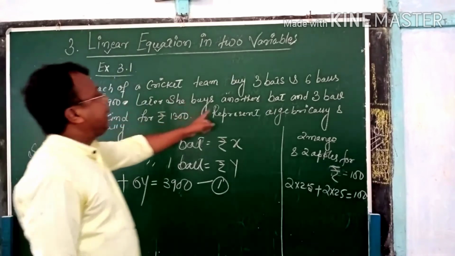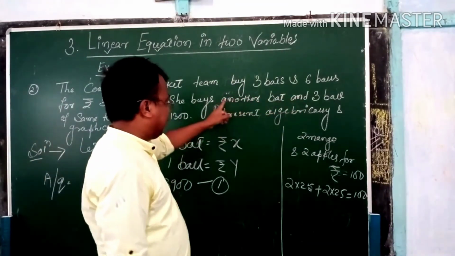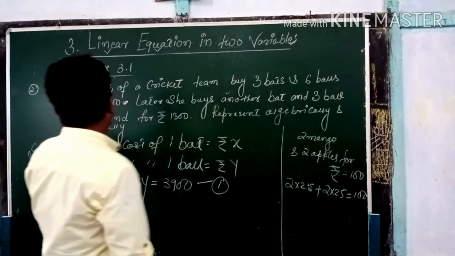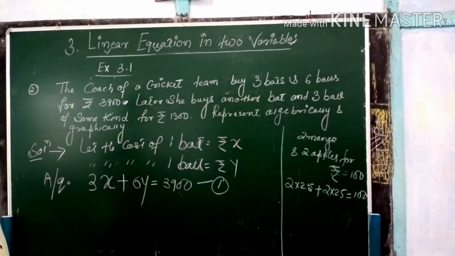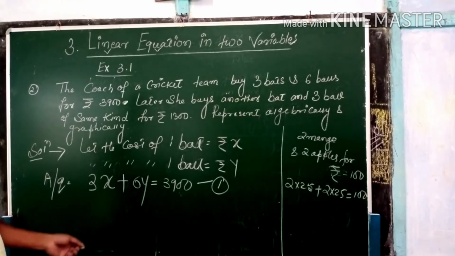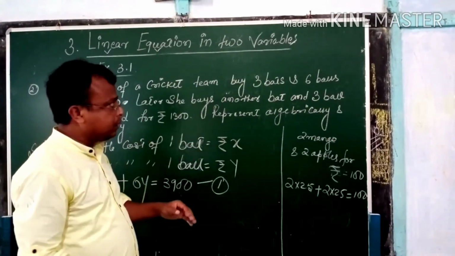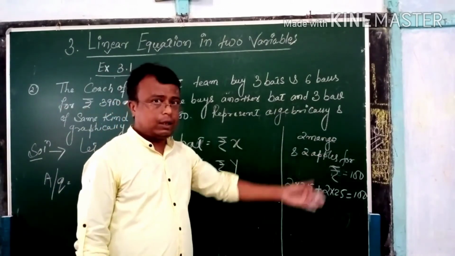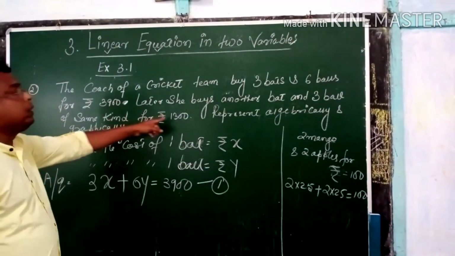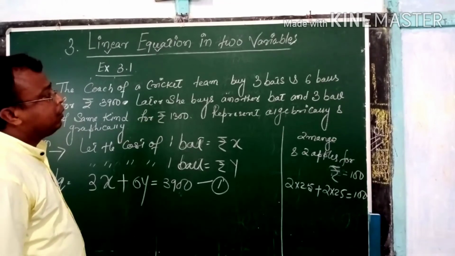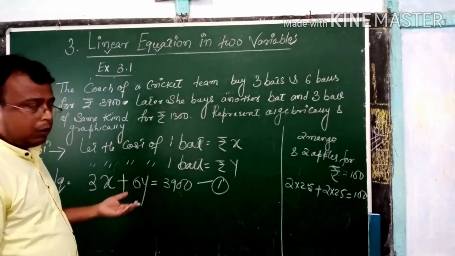Let us see another bed and 3 balls of the same kind. How many beds? 1 bed and 3 balls. One bed she purchased and another 3 balls she purchased for how much? 1,300 rupees. So how do we represent this?